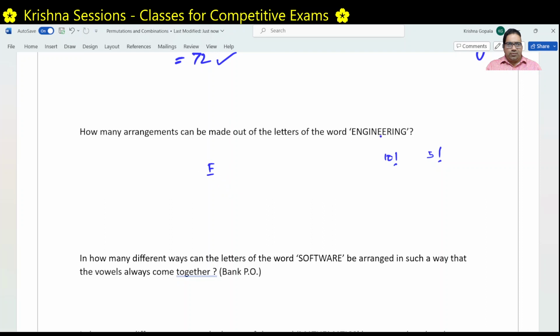E is 3 times. How many times is N there? N is also 3 times. G is actually 2 times, right? Then I is how many times? I is also 2 times.